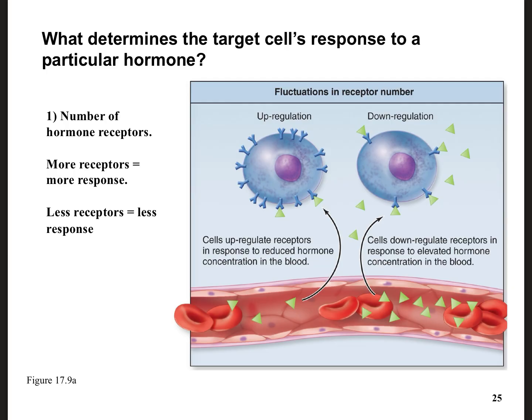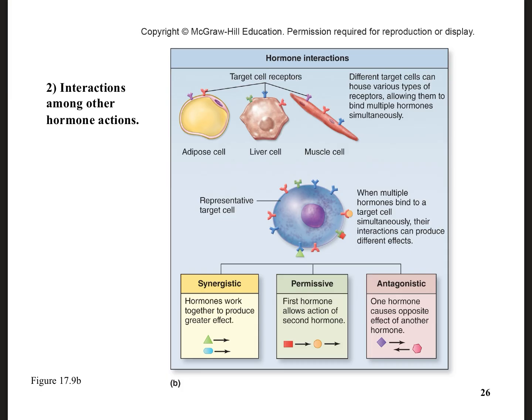The more receptors, more opportunities to bind, more action of the hormone on the cell. Okay? And then finally, we have interactions among those receptors. Our cells do not just have one hormone receptor on them, right? We have loads of them. Muscles, for example, have growth hormone receptors. They have testosterone, like androgen receptors. They have lots of things, right? And so the population of receptors on a cell, the interactions between them, also determine how well the cell responds to the hormone signal.